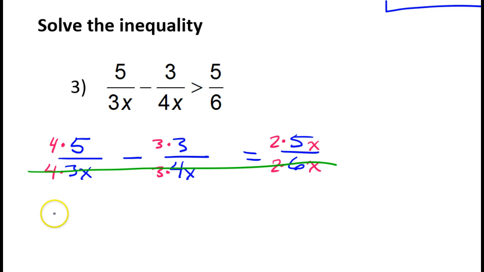So now I have 20 minus 9 is equal to 10x. Wow, that's a simple little equation. So 20 minus 9 is going to be 11. So that's 11 equals 10x.